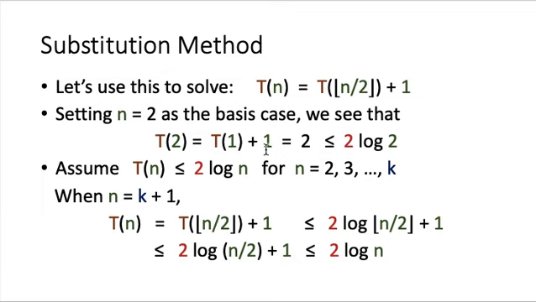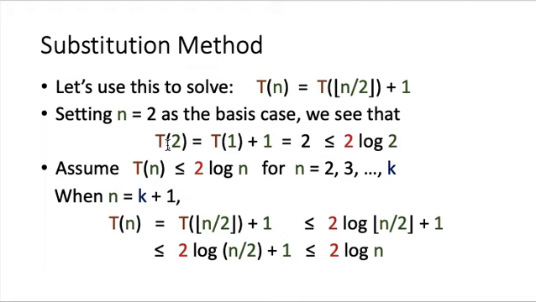And T of 1 is equal to 1, this is a constant, so T of 2 is equal to 2. And we want to show that it is smaller than or equal to C log n. Now, we can use C as 2 here, so it is less than or equal to 2 log 2.